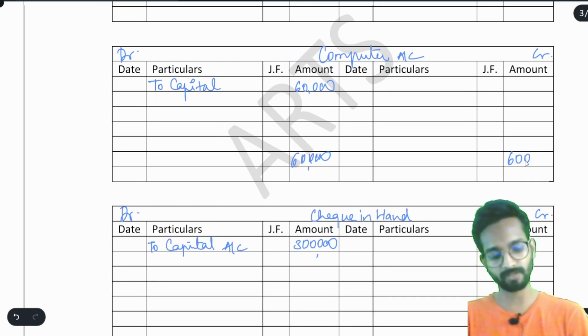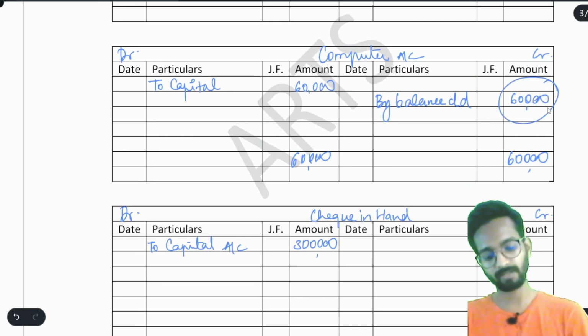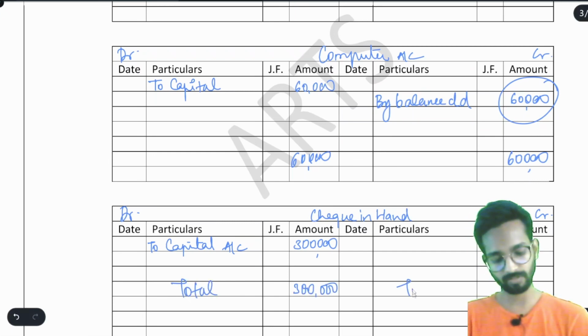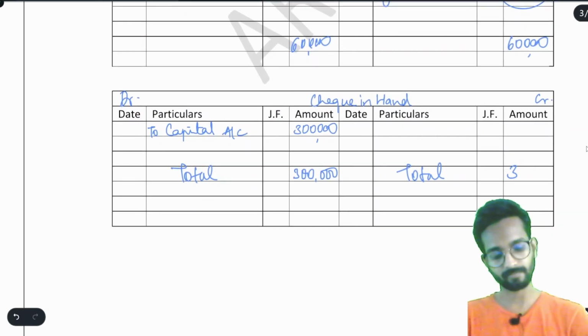Now, after that, computer, again the same thing, 60,000 here. Here also 60,000. We will write here by balance carried down 60,000. Simple. Here also same thing. Total is 3 lakh. You can write here total, okay, there is no problem. Here also you have to write 3 lakh, and you will write it by balance carried down 3 lakh.